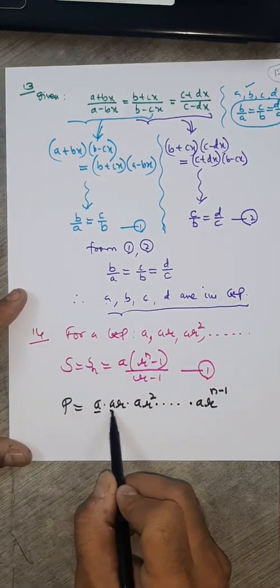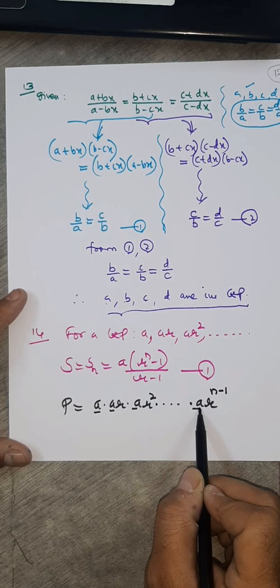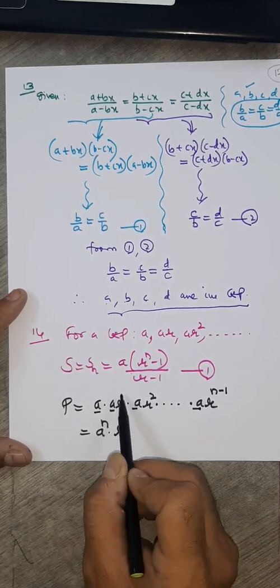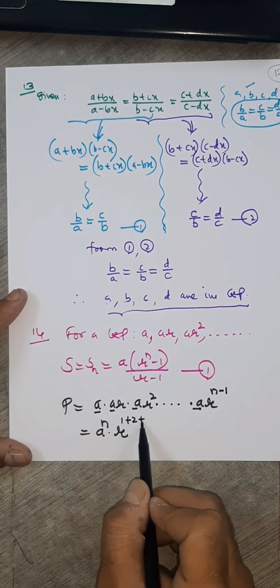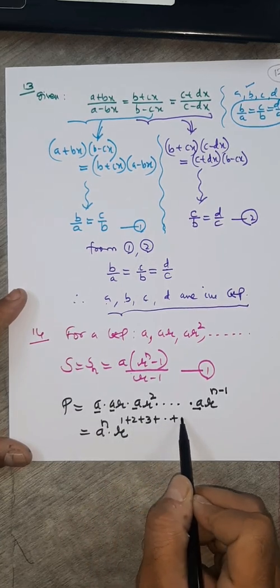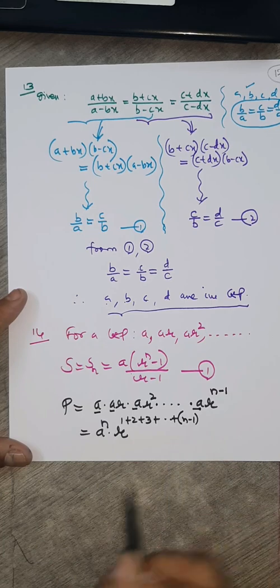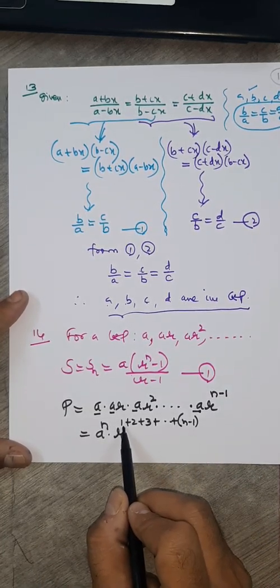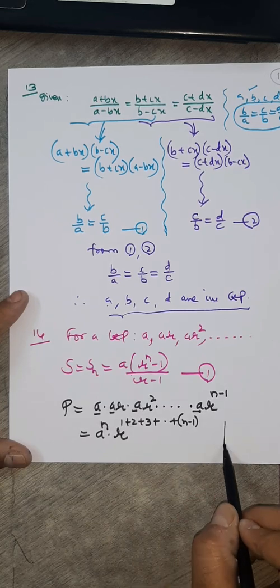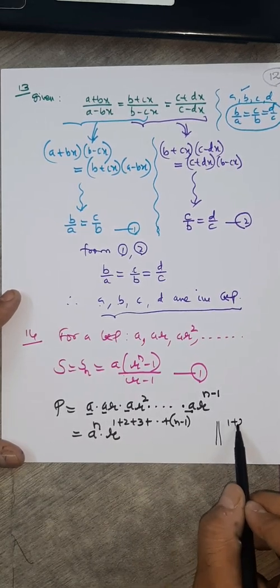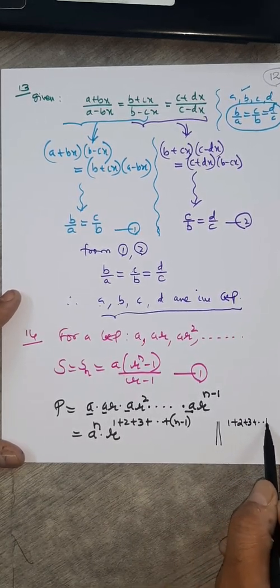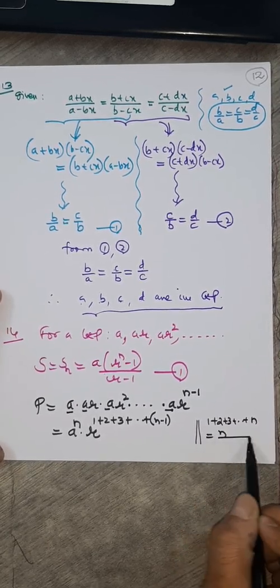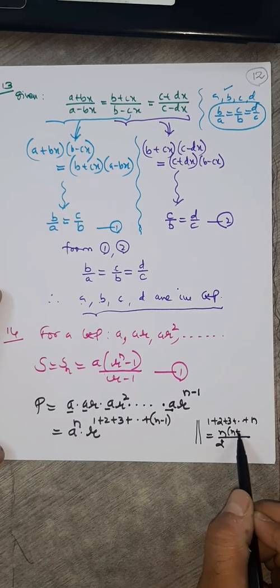So here a will occur how many times? n times. It will be a raised to n into r raised to 1 plus 2 plus 3 up to which number? n minus 1. So this is the sum of how many terms? We already discussed in the previous unit: 1 plus 2 plus 3, if you have summation up to n, if you remember, it is given by n by 2 into (n plus 1).